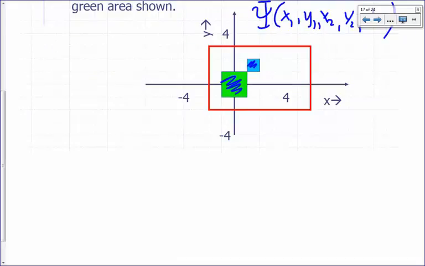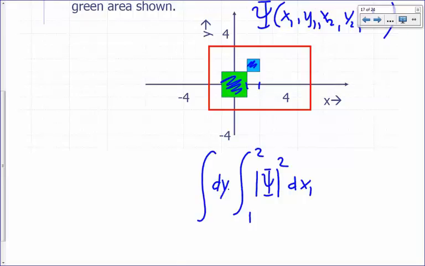You would say that would be the integral of psi squared, dx1 from x1 equals 1 to 2, and then you integrate the result with respect to y1, and y1 goes from 1 to 2 also.